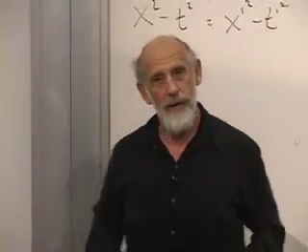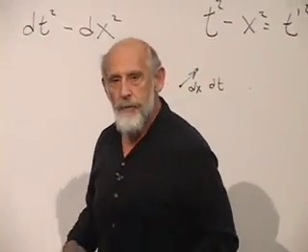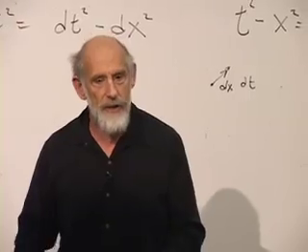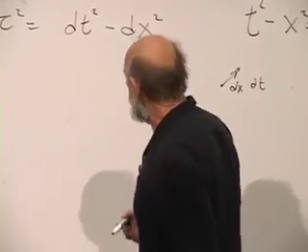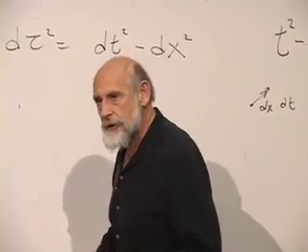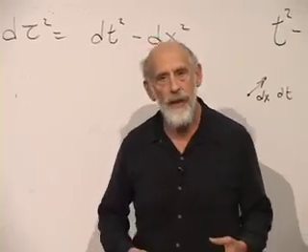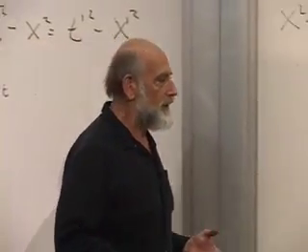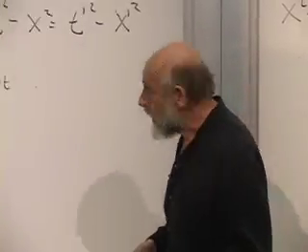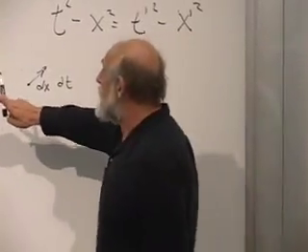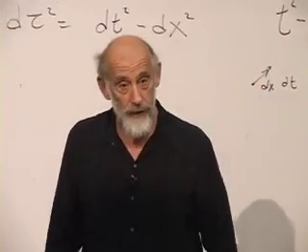Now, we want the idea of proper time or distance along a trajectory to be Lorentz invariant. We want it to be the same. In fact, that's what we mean by it: something that has physically measurable meaning, which means, among other things, that it doesn't depend on the coordinate frame. The quantity dt squared plus dx squared would vary from reference frame to reference frame.